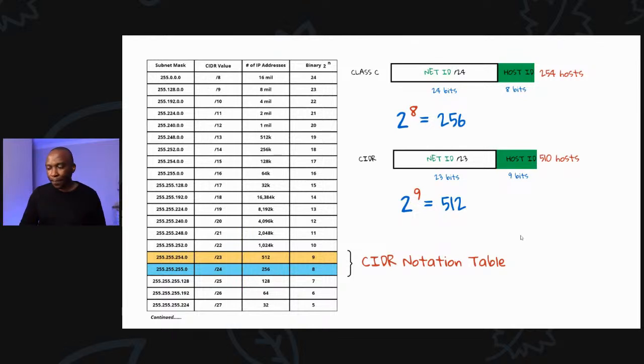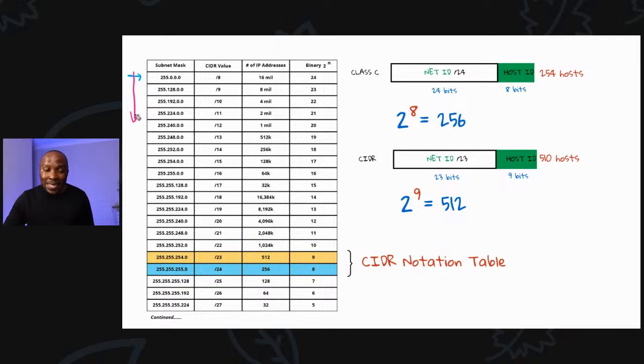Because if you look at our table, you'll notice that we have the subnet mask. I'm starting from the top, so if you're wondering where I am here. All right, so we're starting from the top, going down. 255.0.0.0.